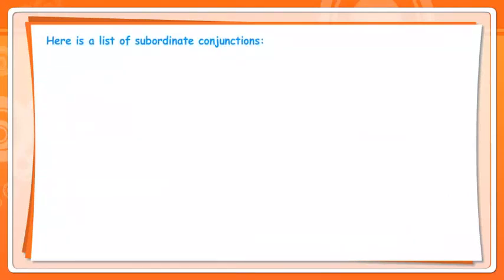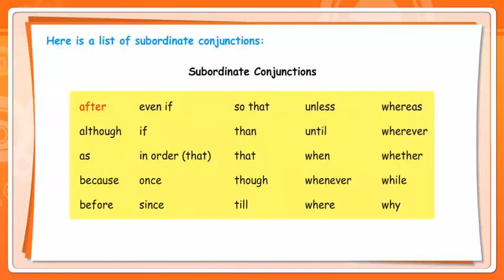Here is a list of subordinate conjunctions. After, although, as, because, before, even if, in order that, once, since, so that, than, that, though, till, unless, until, when, whenever, where, whereas, wherever, whether, while, why.